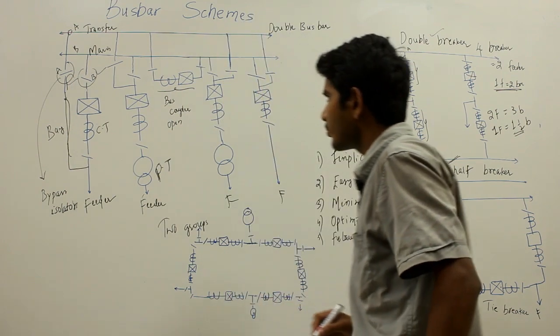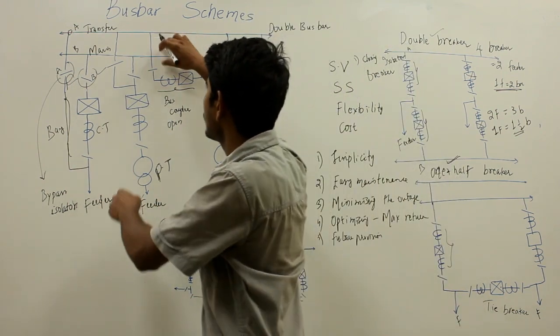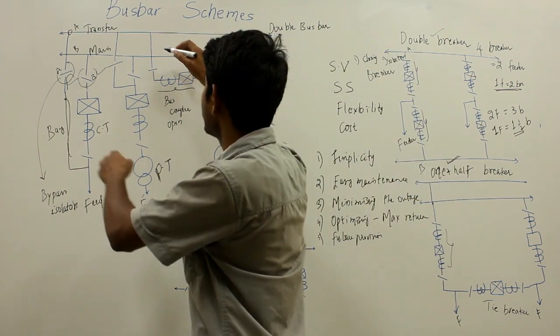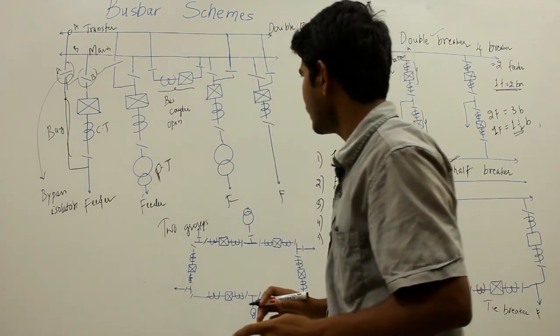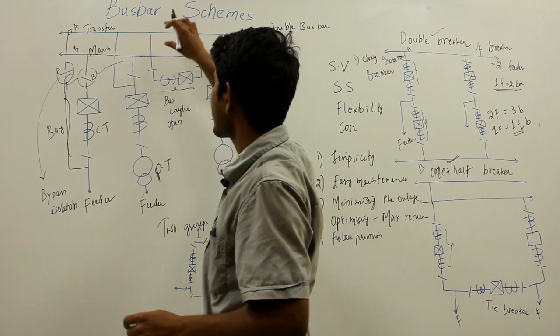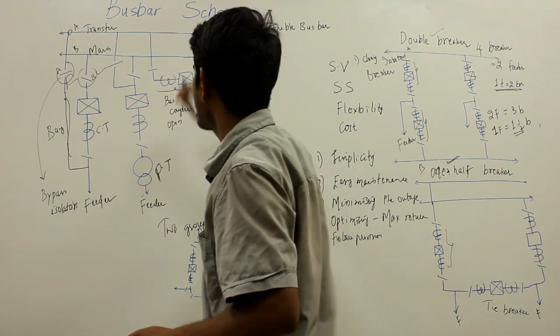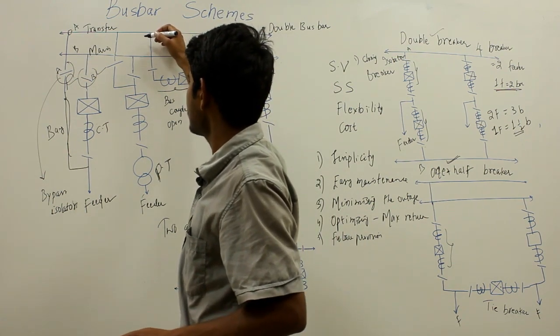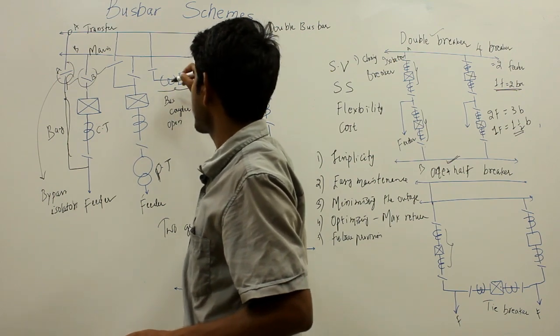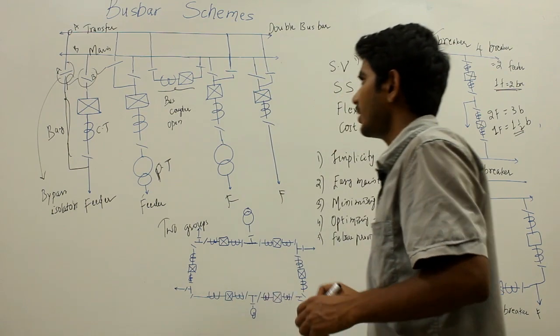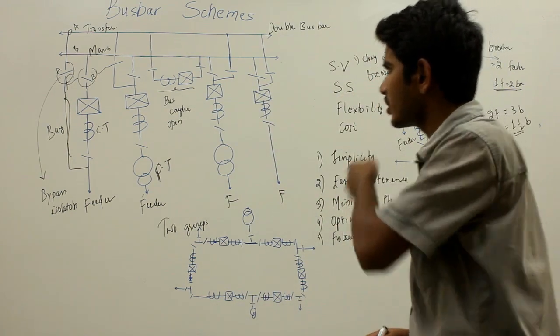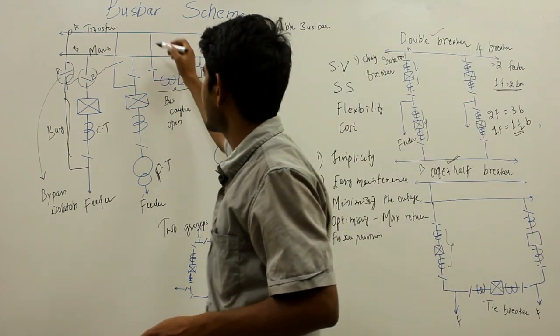So suppose you can energize your transfer bus from this main bus via the bus coupler. The bus coupler is basically used to couple the main and transfer bus system, and you can energize your transfer bus system from the main bus using the bus coupler.